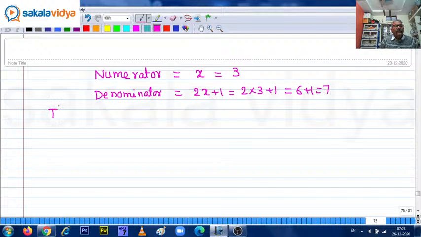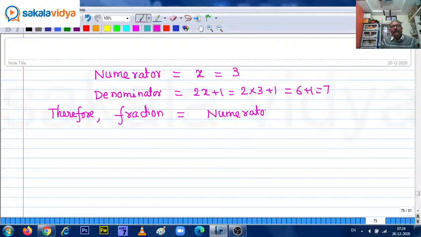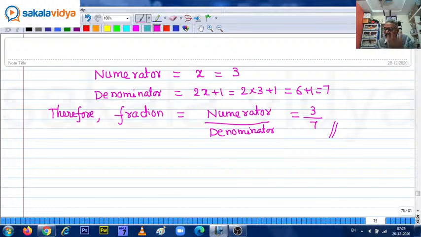So therefore fraction is equal to numerator upon denominator. So let us replace it. 3 upon 7. Very good, Arjun Krishna. You are wonderful. You are doing a wonderful job.